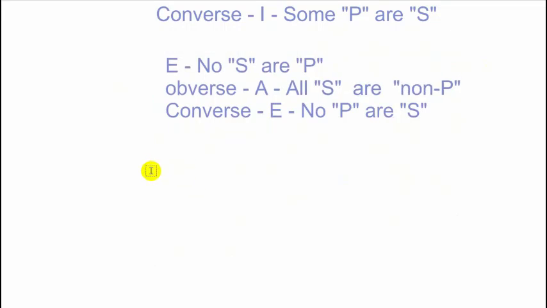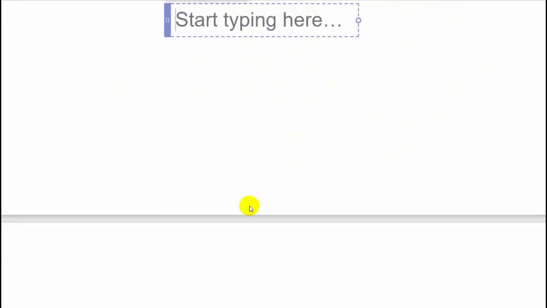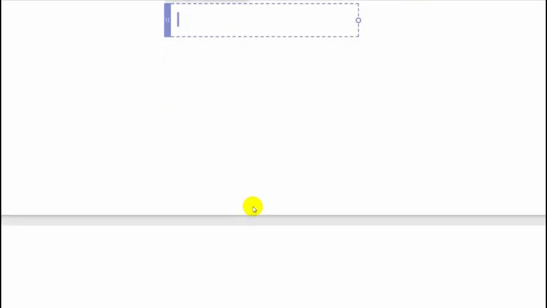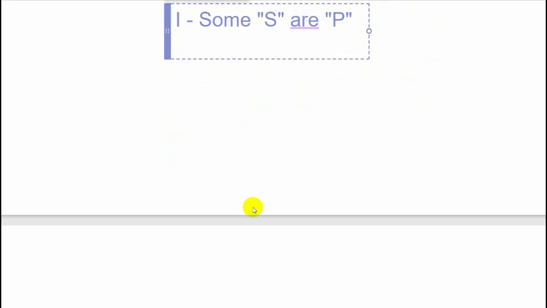Now let's move on to the I proposition. What does I start with? I states some S R P. This is the I proposition. This is particular affirmative. Now the converse of I is I itself.